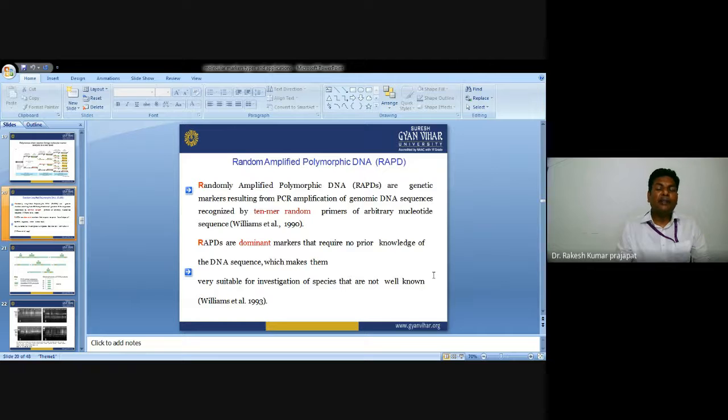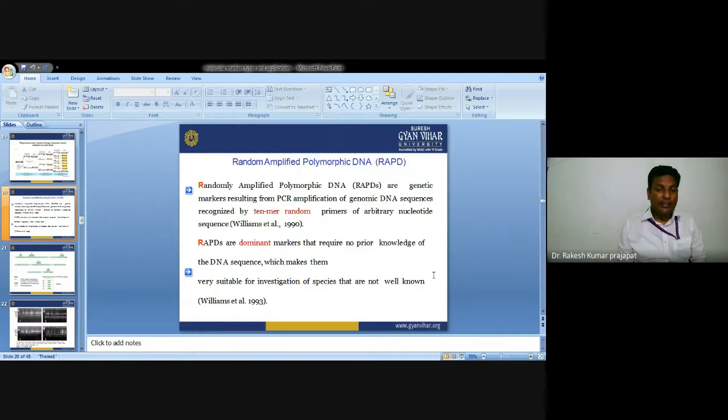That primer acts as both forward and reverse primer, with an arbitrary nucleotide sequence. It will randomly amplify the sequence. RAPD markers are dominant markers that require no prior knowledge of any DNA sequence, which makes them very suitable for the investigation of species that are not well known.